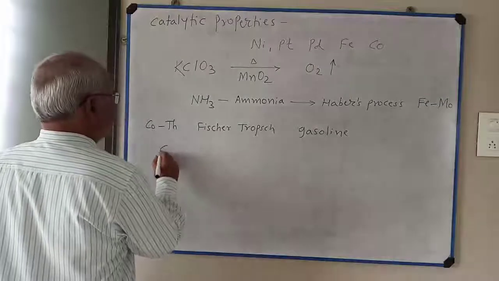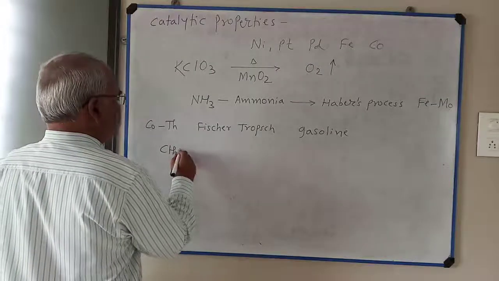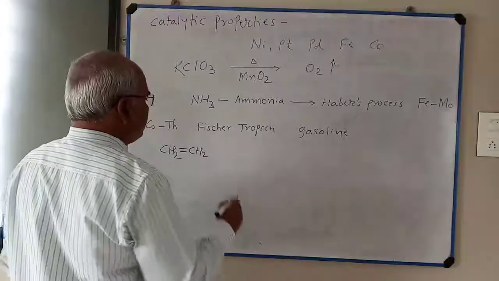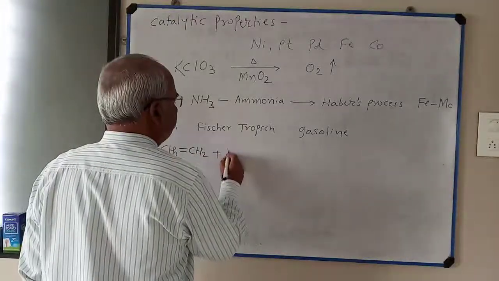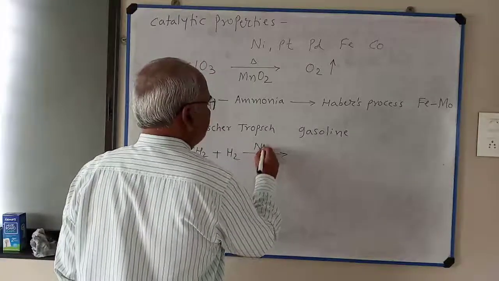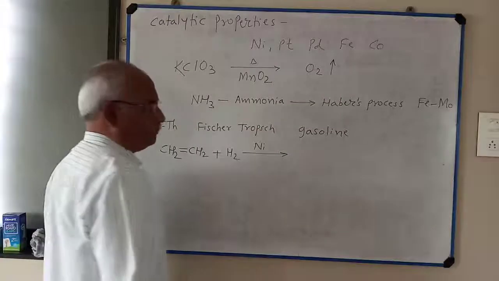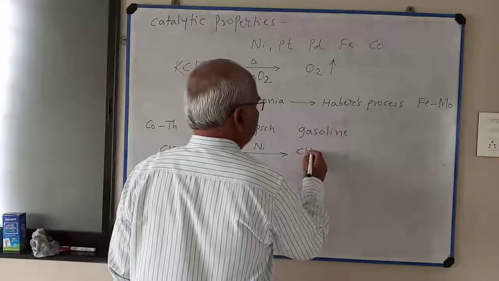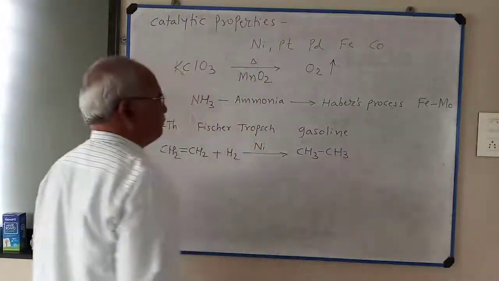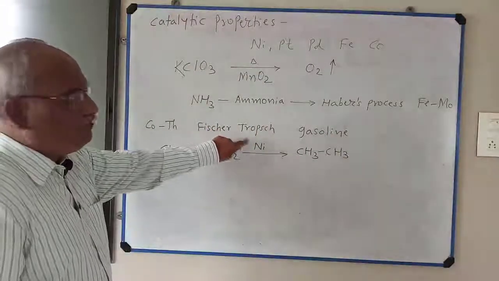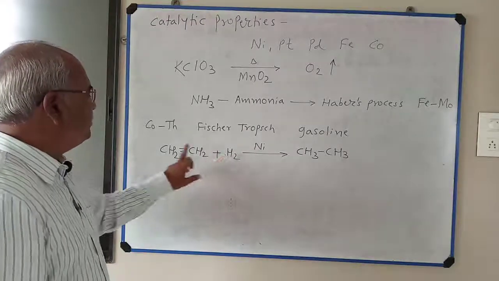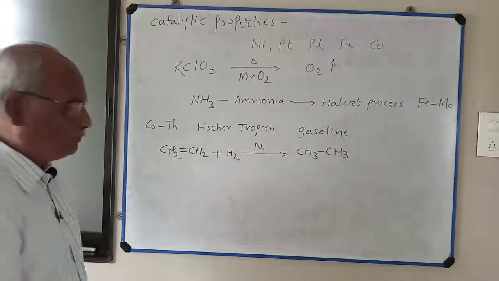This is ethylene gas. Hydrogenation of ethylene is carried out in presence of nickel catalyst. CH3-CH3 is formed. So nickel is used as catalyst in hydrogenation of ethylene.